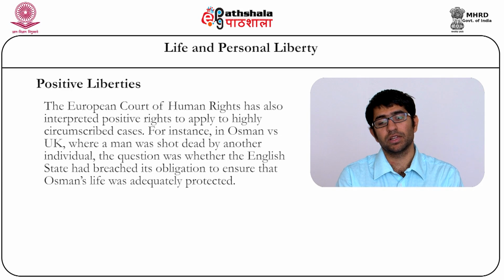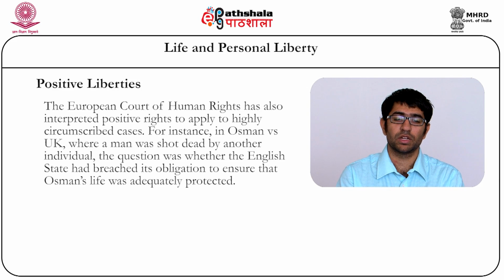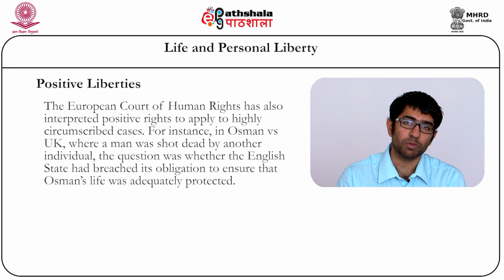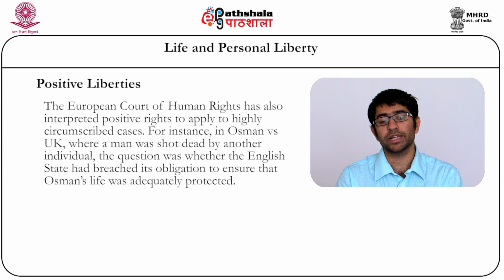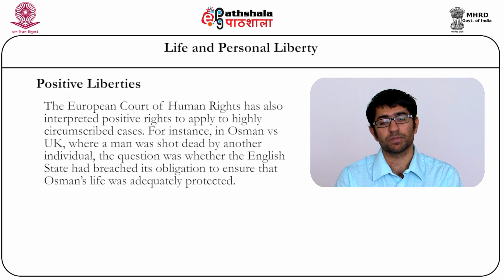For instance, in Osman versus the UK, where a man was shot dead by another individual, the question was whether the state, the United Kingdom, had breached its obligation to ensure that Osman's life was adequately protected.